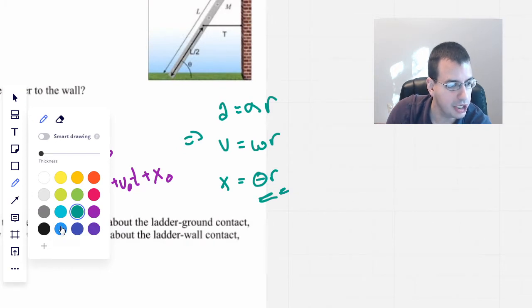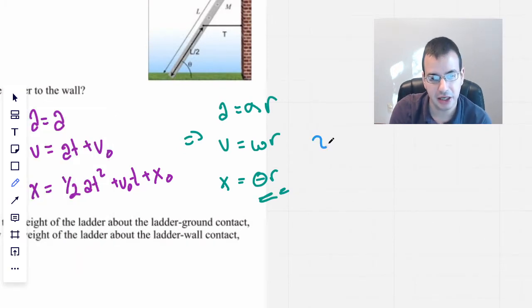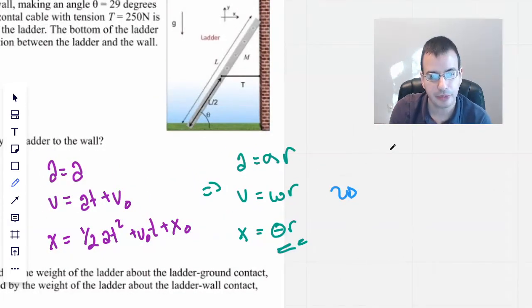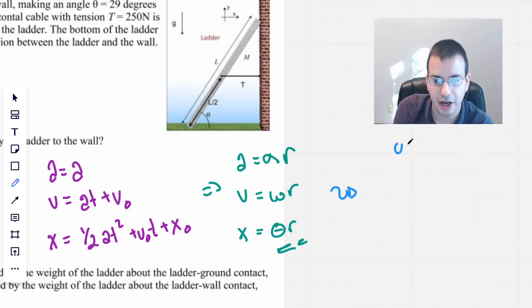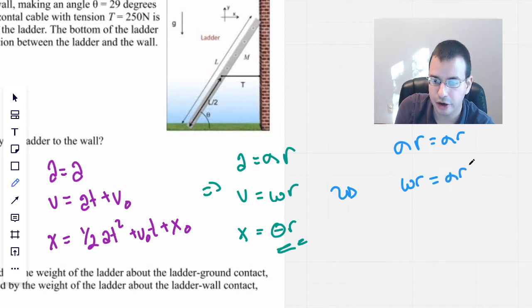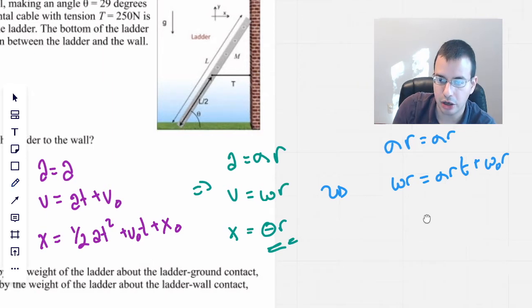Now, if we take our old kinematic equations and plug these in, we have alpha r equals alpha r. So this would be omega r equals alpha r t plus omega naught r.